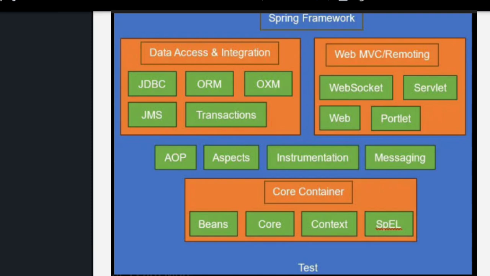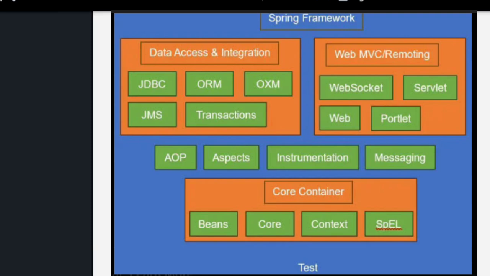Now, whenever we write code with JDBC, we have to follow all the steps one by one. We have to load the driver class, we have to establish the connection, and so many things. But Spring also supports the JDBC module. If you want to use JDBC in Spring, you just have to import JDBC template, and all the steps will be executed by default.